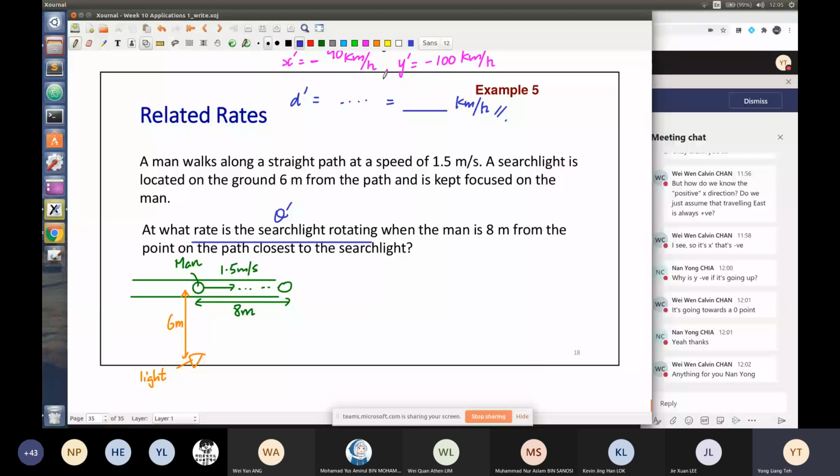So at 8 meters away, it is going to be this angle. Let's call the angle theta. Any objections on the interpretation?